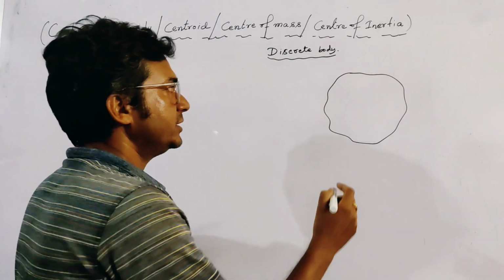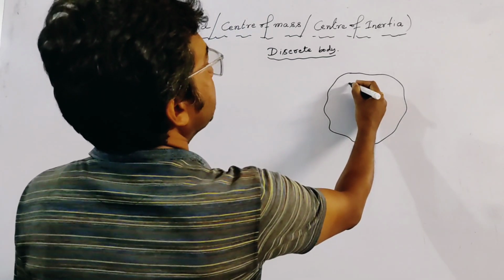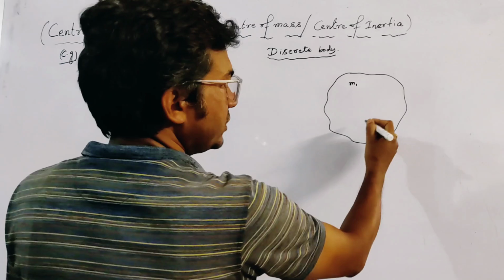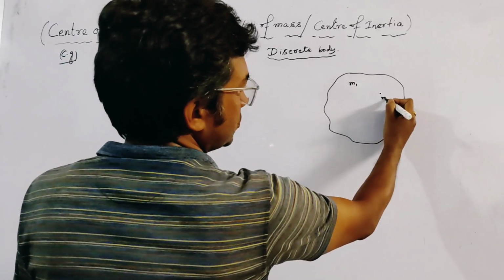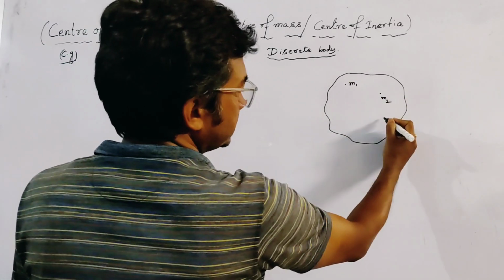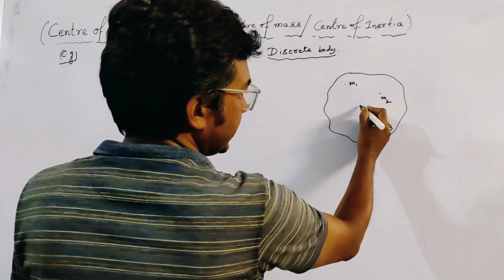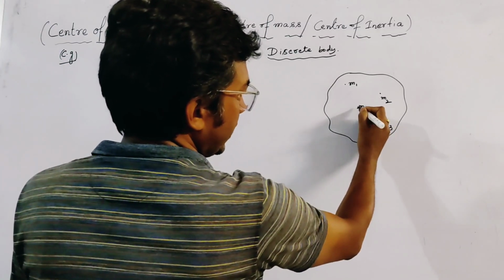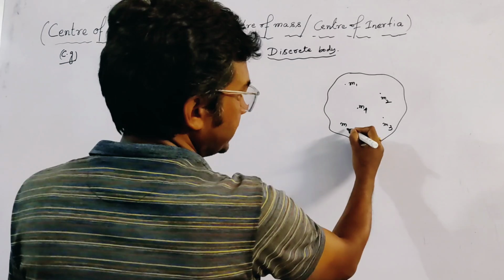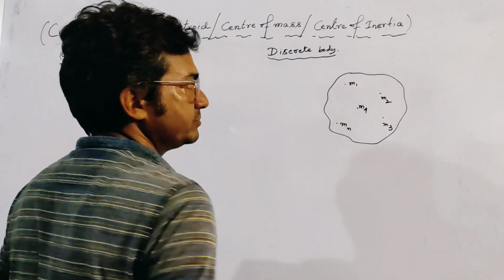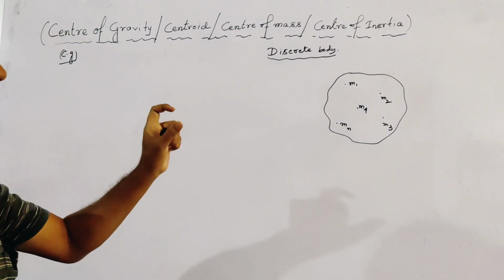Let the first particle be of mass m1, the second particle of mass m2, the third particle of mass m3, the fourth particle of mass m4, and so on. The nth particle is of mass mn. This is the discrete body.